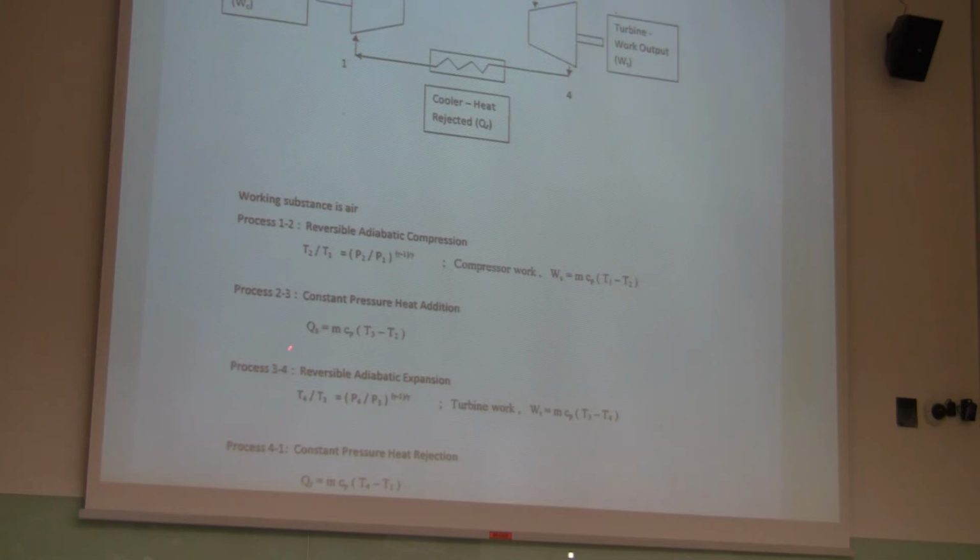Alright, and then finally 4 to 1 is cooling, heat rejected. So heat rejected is also at constant pressure. Alright, constant pressure. So now m Cp (T4 minus T1). So this process and this process, both are the same heat transfer process. Only thing, one is heat added, one is heat rejected. So the important thing to know is that these are constant pressure processes. How do you know they are constant pressure processes?